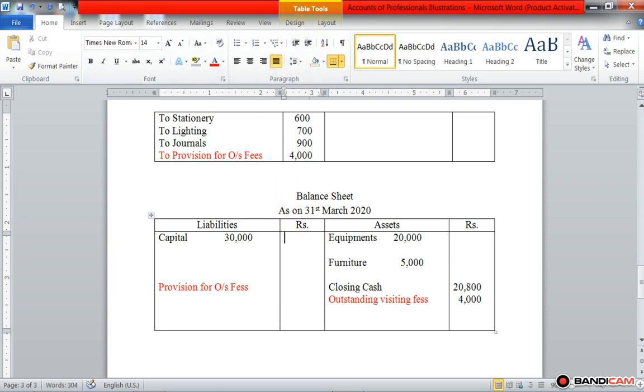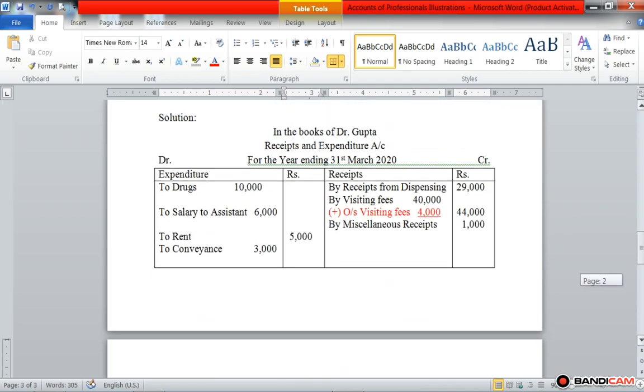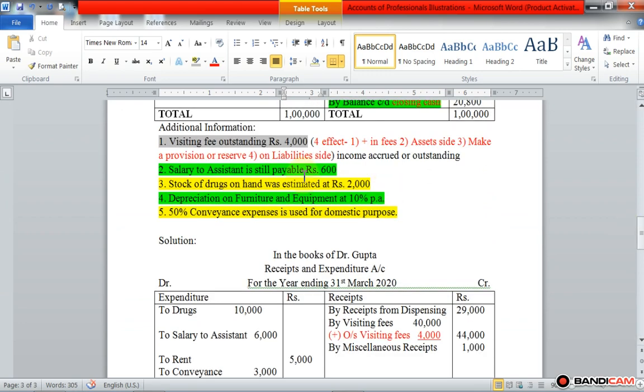Put the figure in the outer column, amounted to rupees 4,000. Got it? So here we give the four effects of the first additional information.